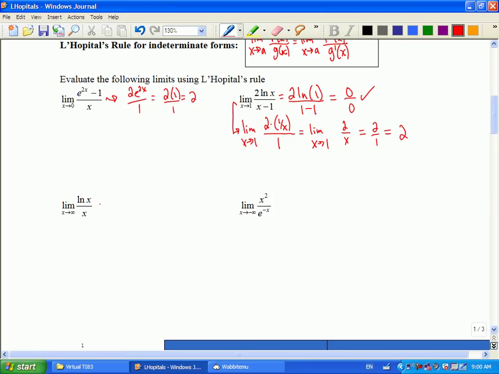But let's substitute. If we put in infinity, natural log of infinity is still going to be infinite. x is still going to be infinite. So we can use L'Hopital's rule. Okay, does L'Hopital's rule apply to the new limit, this one here?